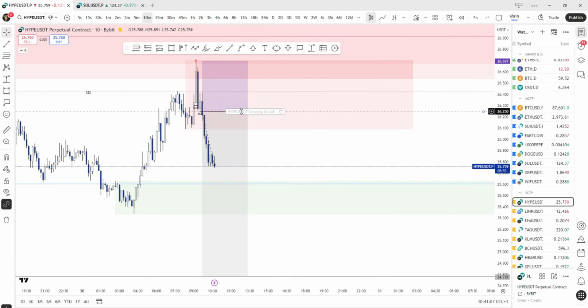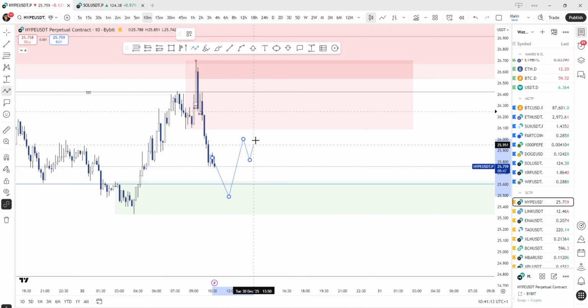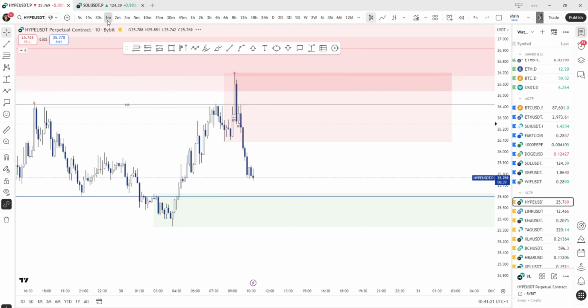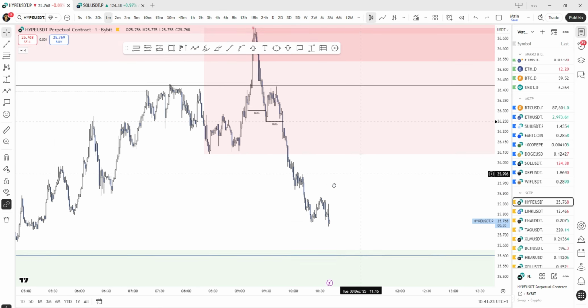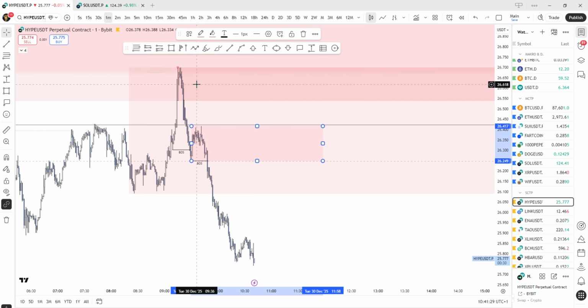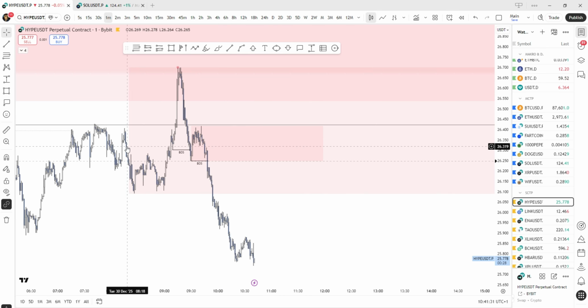Maybe this would be a nice trade too, if we can come down here, maybe move up, get in here and reject. And then I actually would enter here on a more refined entry. Maybe we reject from here. I really like this POI more than this.